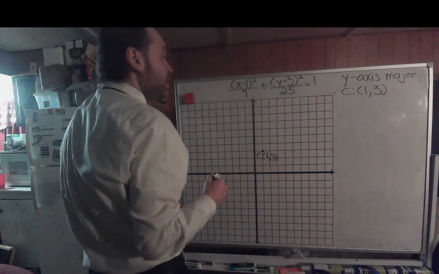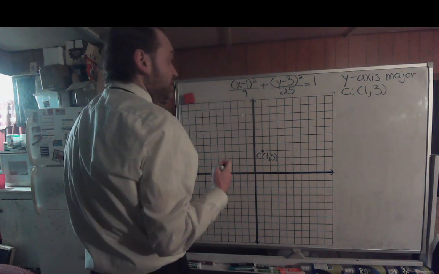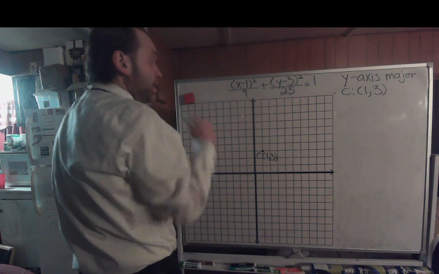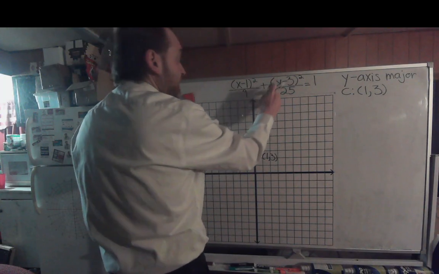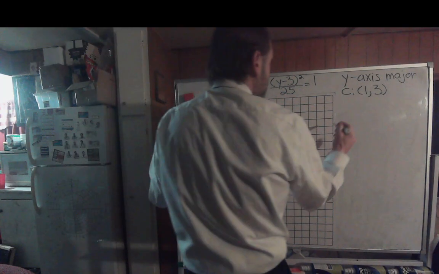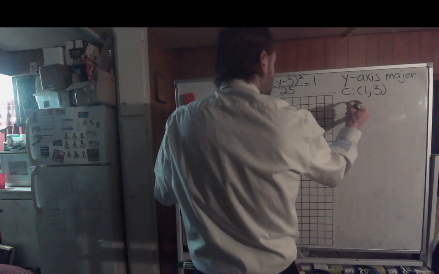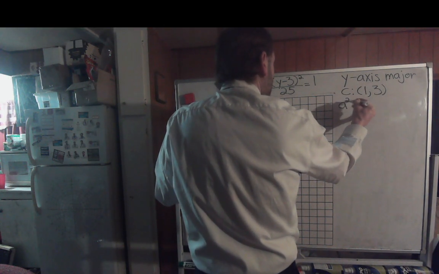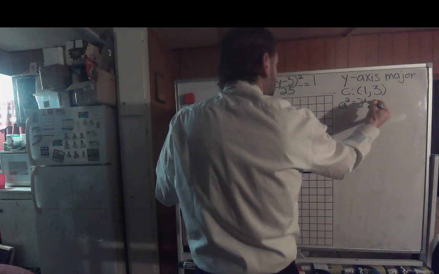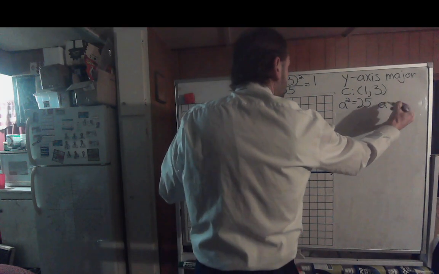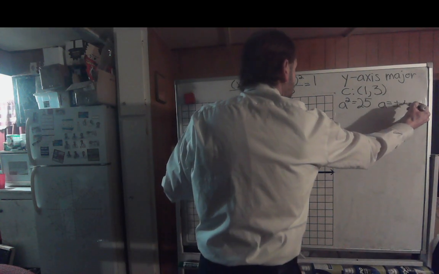Now, to find your vertices, we know since the y-axis is the major axis, that means a squared equals 25, which means a equals plus and minus 5.